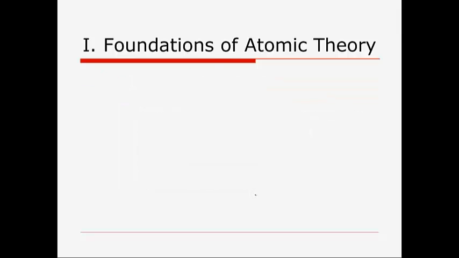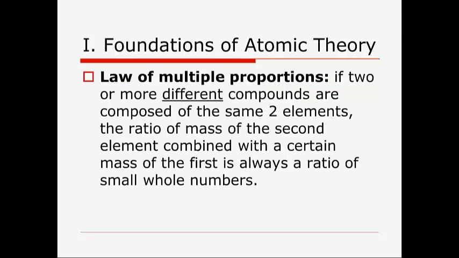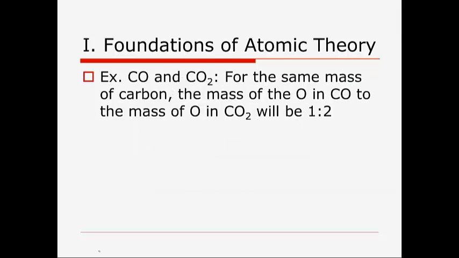Okay, well, first of all, in order for this law to apply, you have to have two or more different compounds with the same two elements. So let's look at an example. If we have two compounds that have the same two elements, carbon and oxygen: CO, carbon monoxide, and CO2.